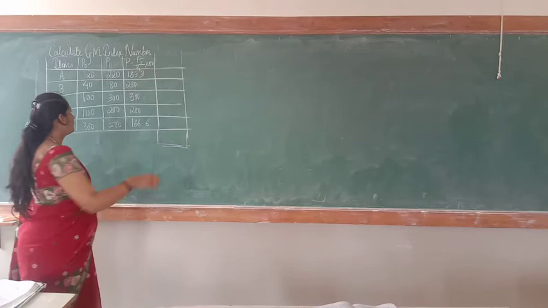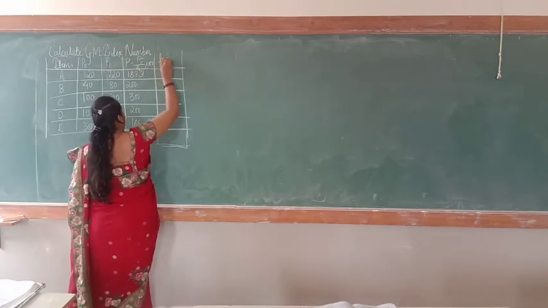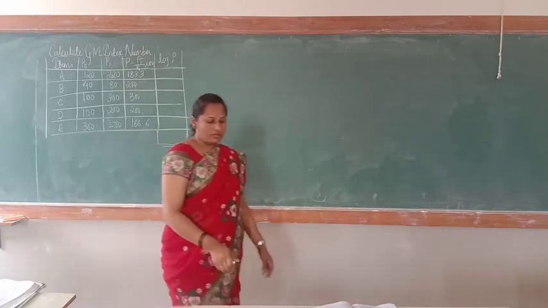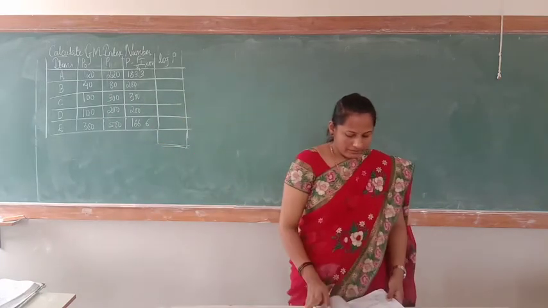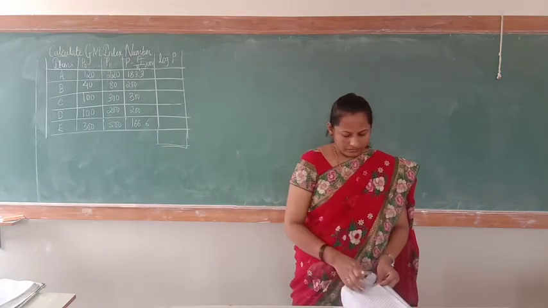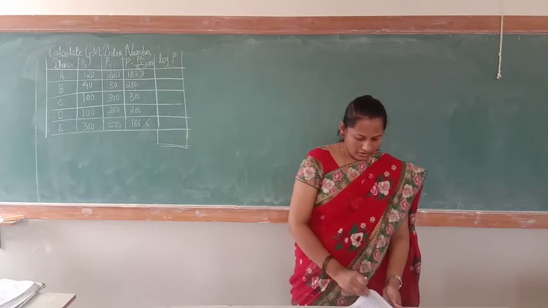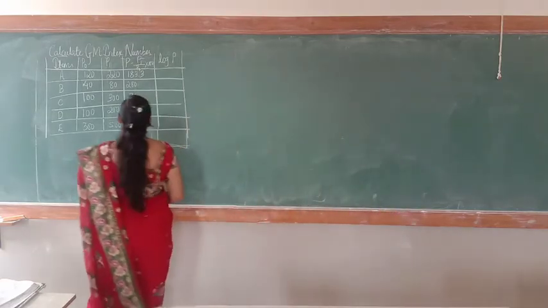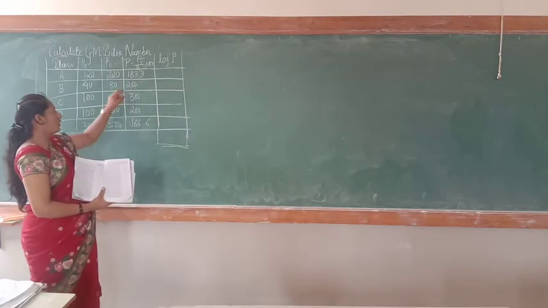Now the next column is log P. For this you need the logarithm table. So this is the logarithm table. Next, as in the last problem I have told you how to solve.